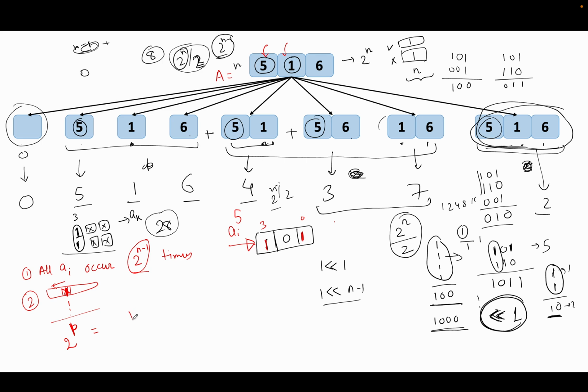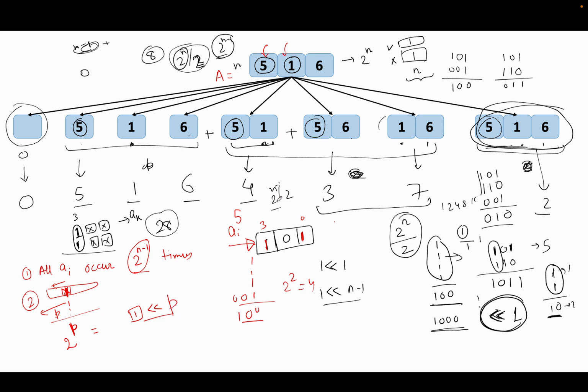So if this bit was here, it will go p steps to the left. We saw with an example, 2 raised to power 2 is 4, then it's 1 0 0. So it left shifts by 2 steps, you see. So this bit is left shifted by p steps. So these are the two things.